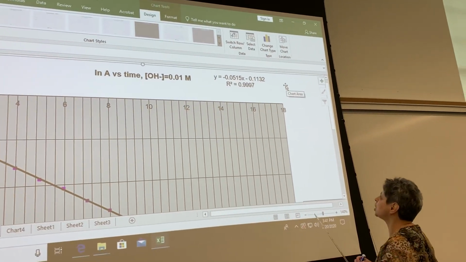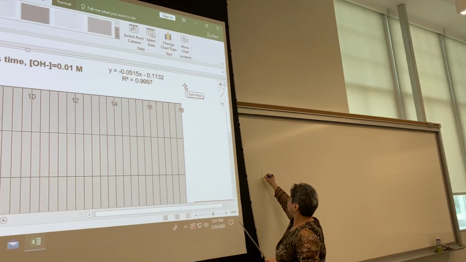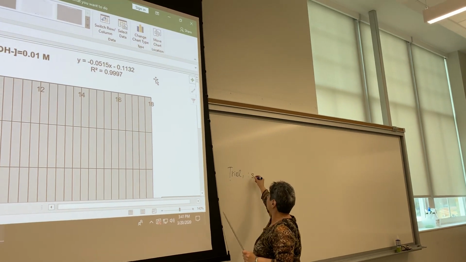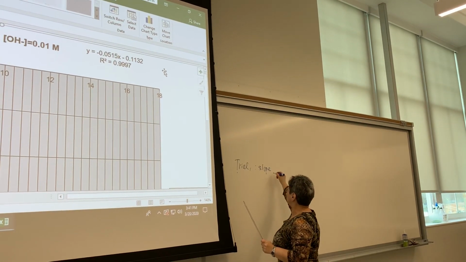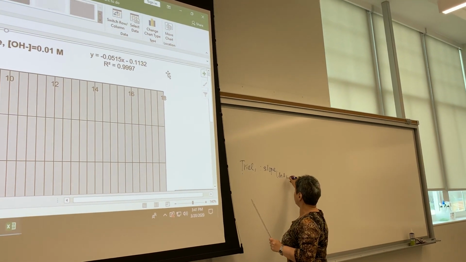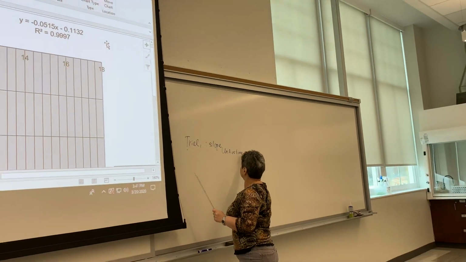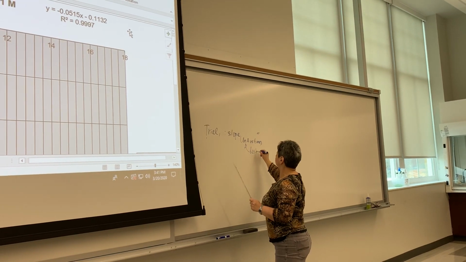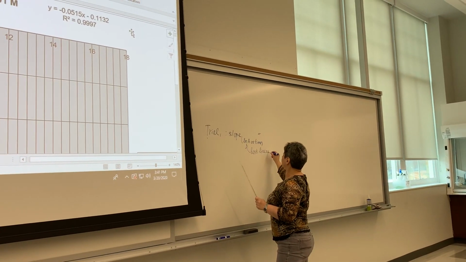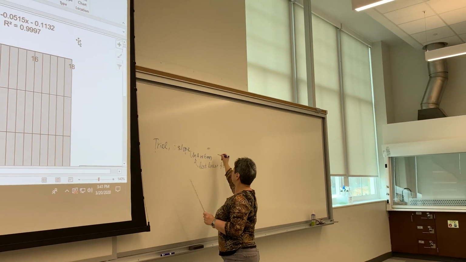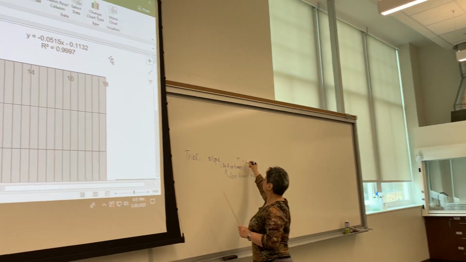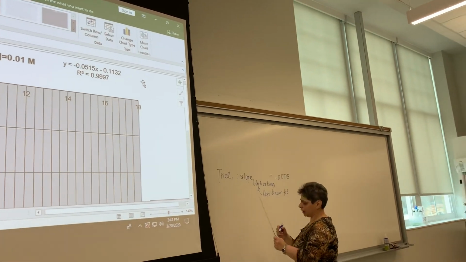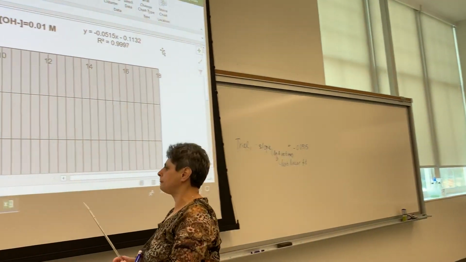For the first trial, our slope of the graph of the best linear plot, which is ln A versus time, so this is the best linear fit, is equal to negative 0.0515. So let's keep that information in mind.